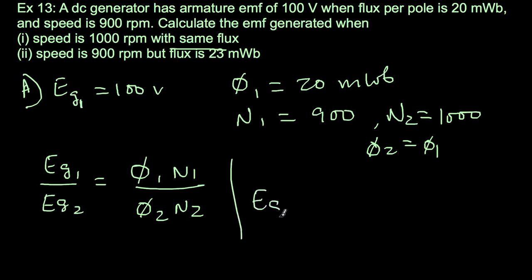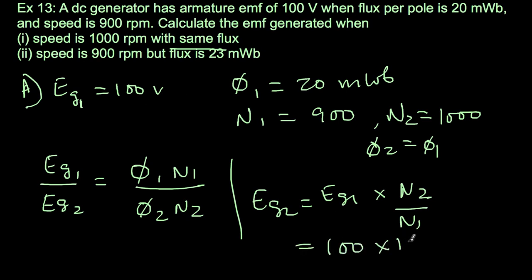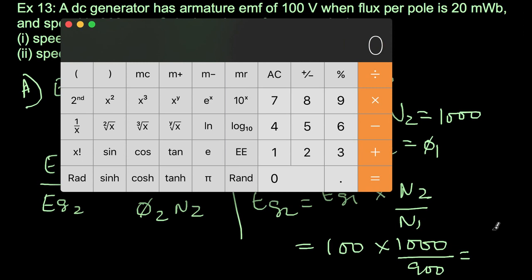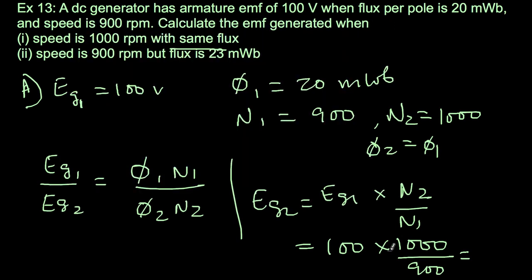So from this, Eg2 will be Eg1 into N2 by N1, 100 into 1000 by 900. So 111.11 volt. So this is the answer to the first question.